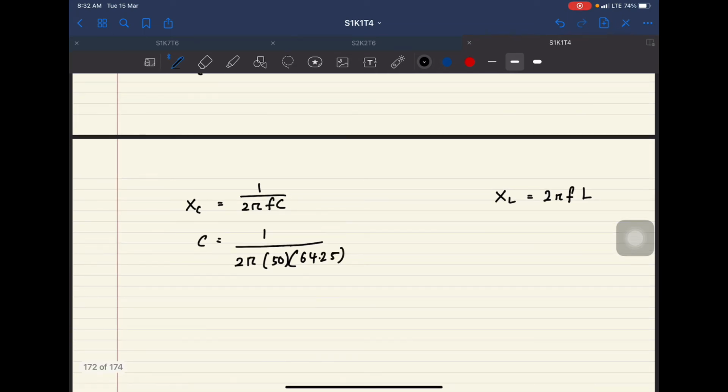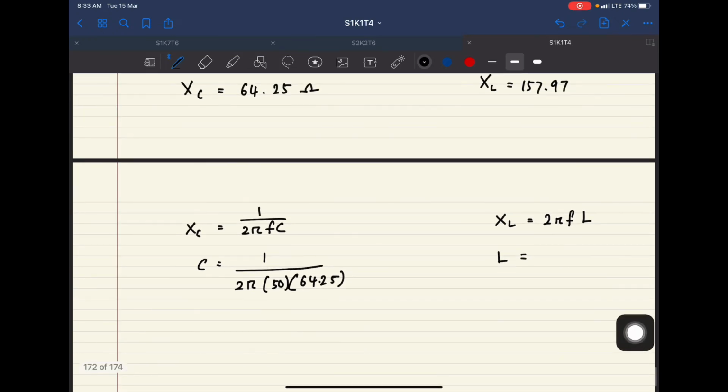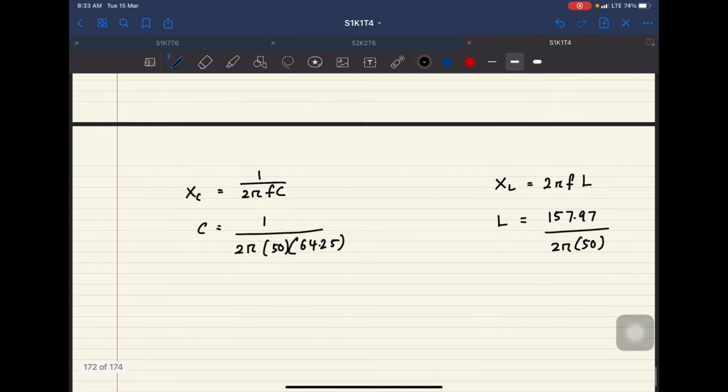Okay, on this side you will have L, which is XL divided by 2 pi F. Okay, so your capacitance here you should get 4.95 times 10 negative 5.